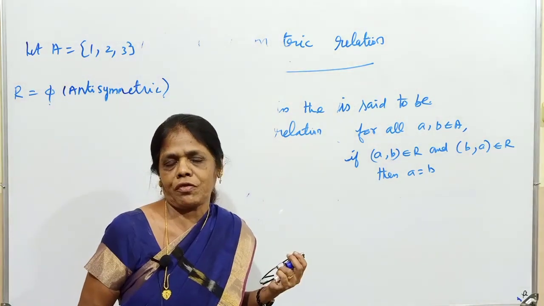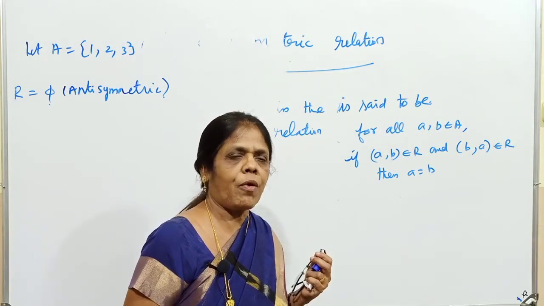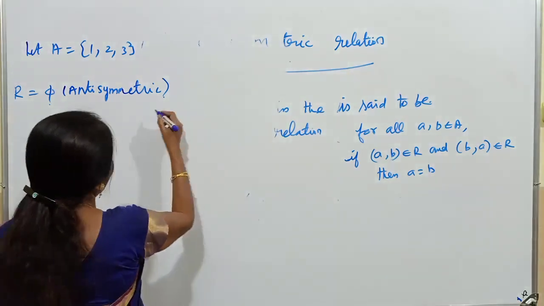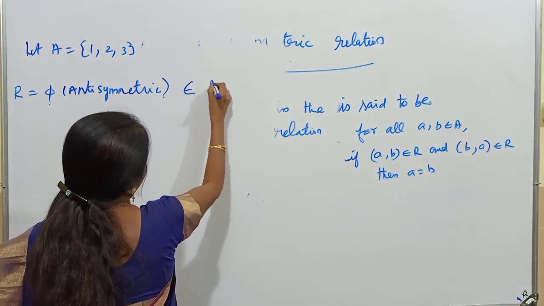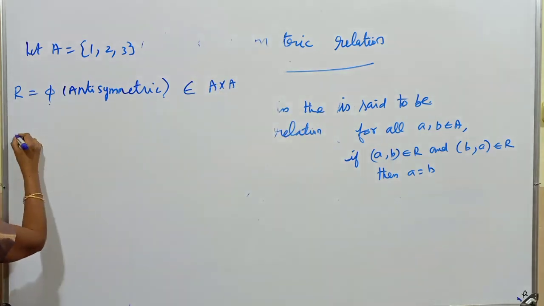So we no need to check for (b, a) belongs to the relation or not. Therefore, it is symmetric as well as antisymmetric. You know that it is a subset of the Cartesian product A cross A. Right?